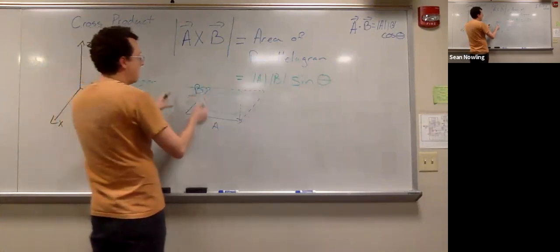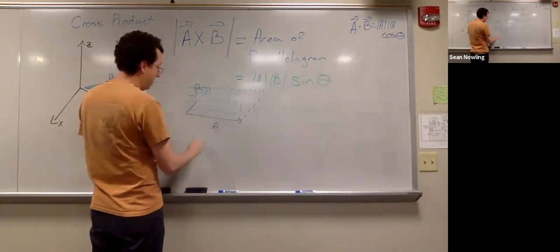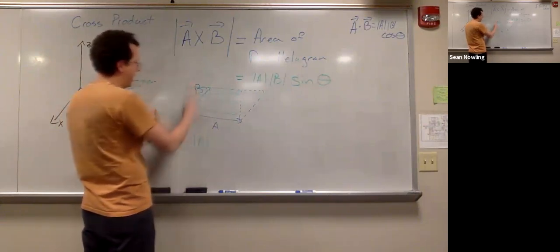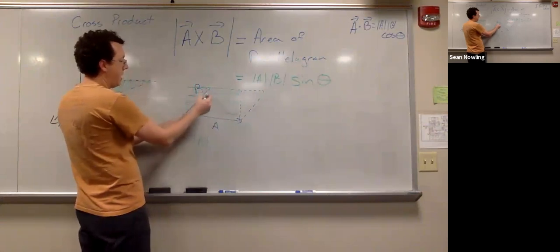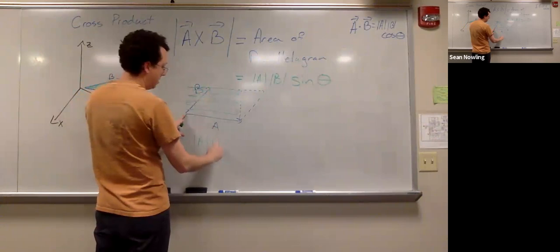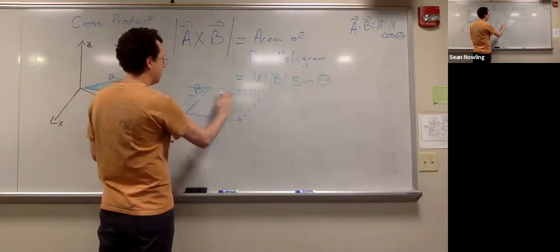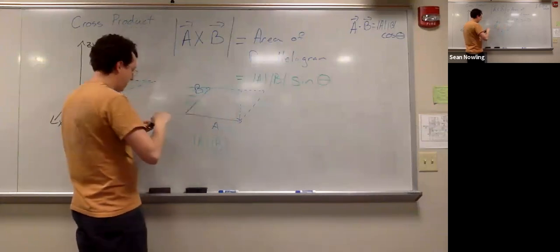And when you do that, the area would be the base times the height. So the base would be the magnitude of A, and the height of this would simply be the magnitude of B. I have too many little lines here, it's getting cluttered. All right, what's the height of this?